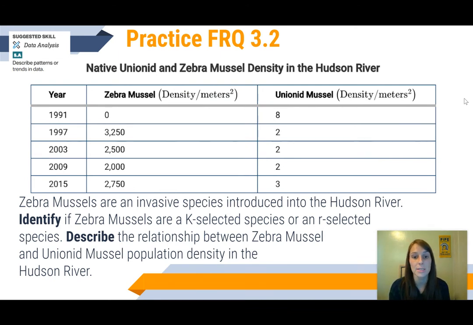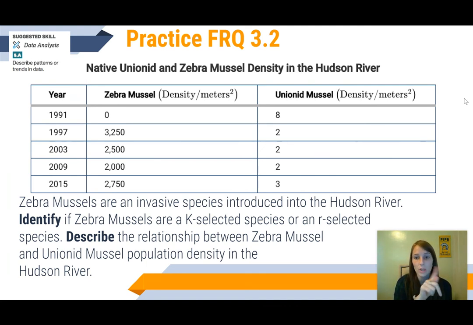So this is going to be our practice FRQ 3.2. The skill that you're going to be practicing is data analysis, where you describe patterns or trends in data. So I want you to look at the data of different types of shellfish. We're going to look at a native species, the Unionid, and then zebra mussels.